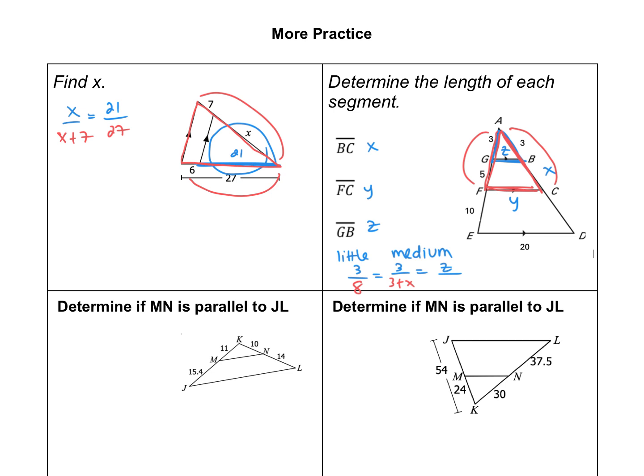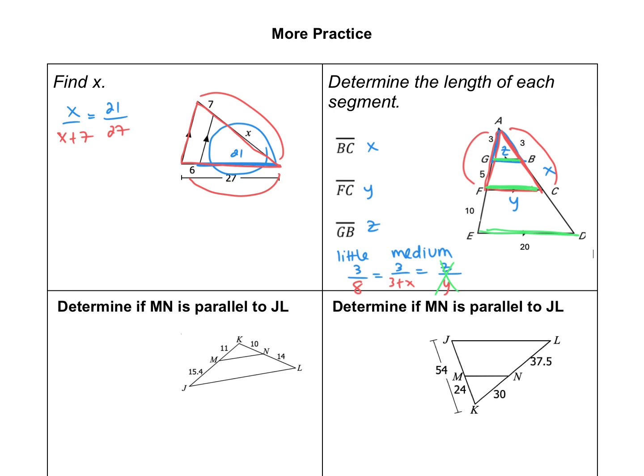And we have the y. Okay. Y and Z we can't find right now. If you notice on the figure, they're both these little bases. We have nothing to compare them to until we get to this 20. So Y and Z we can't find right now. That's not going to be helpful.